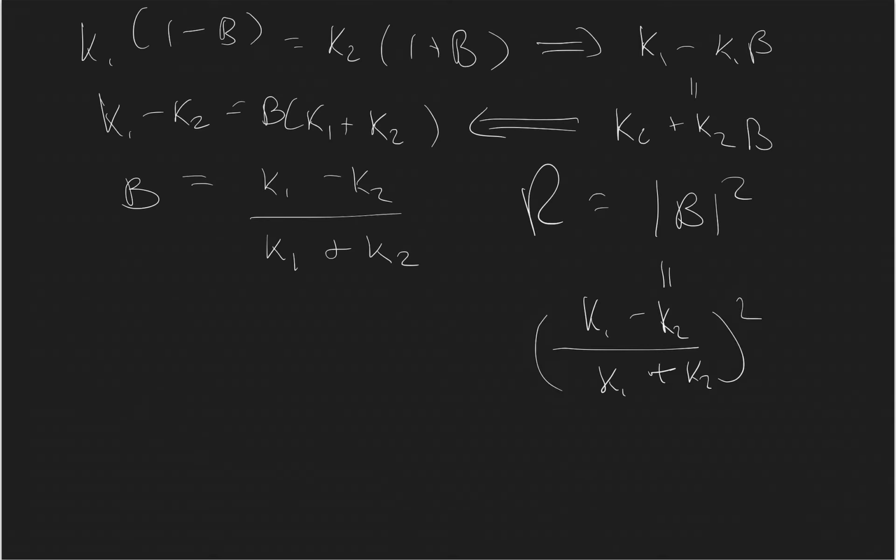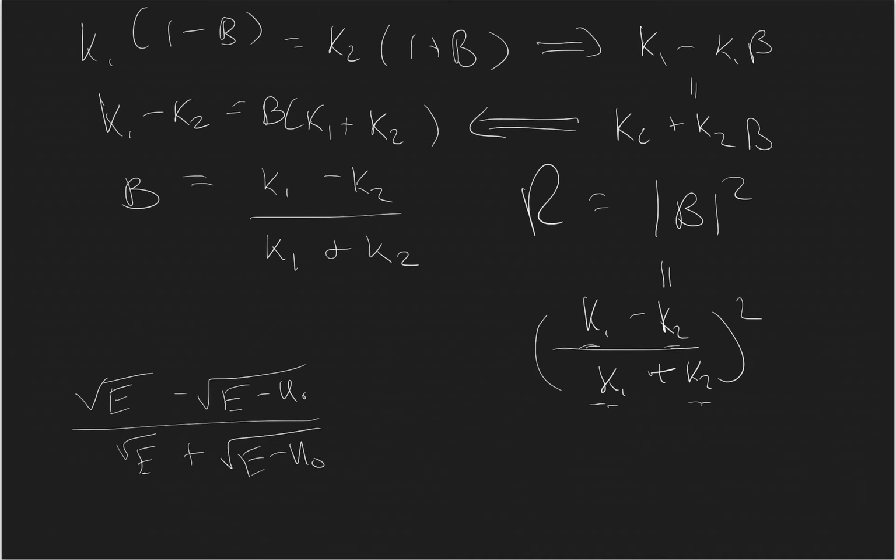And we know what these coefficients are. If we sub them in from our definitions earlier, we just have this difference in the square roots of the energy levels, which is very interesting. This is all squared, and the transmission coefficient, of course, would be equal to 1 minus R.